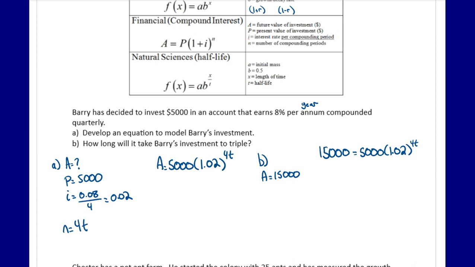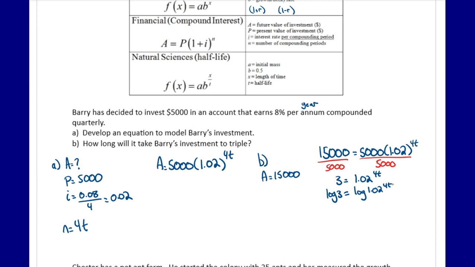So in this case, I'm going to divide out the 5,000 on both sides to get the power alone. That leaves me with 3 is equal to 1.02 to the power of 4t. And now we're going to use our logarithms to solve. So take the log of both sides.